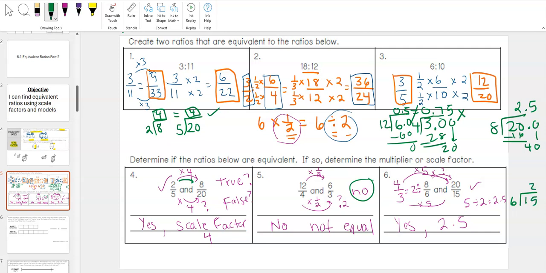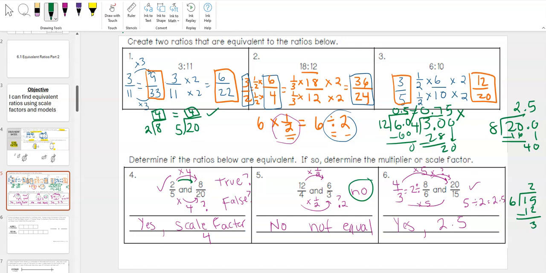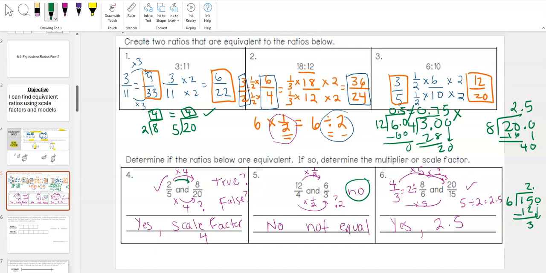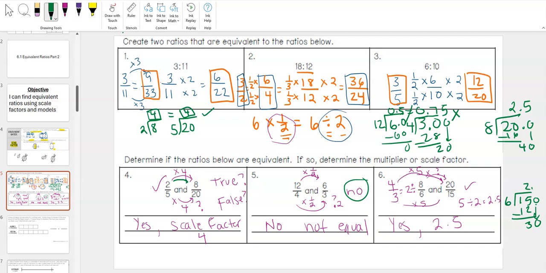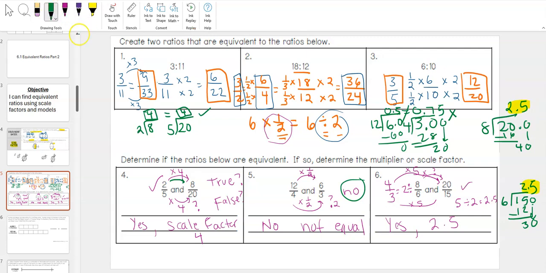Okay, 2 times. Add the decimal and the 0. 5 times. Because this right here is the same, I know they are equivalent, and that becomes my scale factor. So either of these ways will work, either finding the scale factor and comparing, or using division and dividing the ratio on the right by the ratio on the left. Both will work.